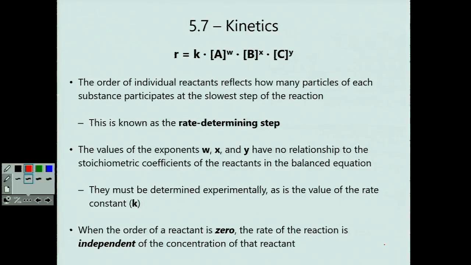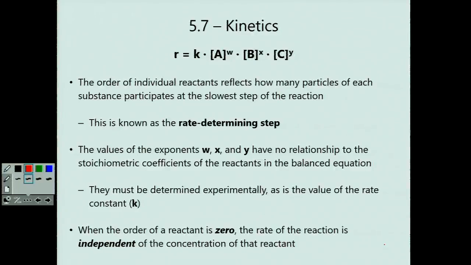So, what turns out to happen is that these values, W, X, and Y, are actually a reflection of how many of those particles of that substance are actively participating in the step of the reaction that is the slowest step of the process, which is what we call the rate determining step.